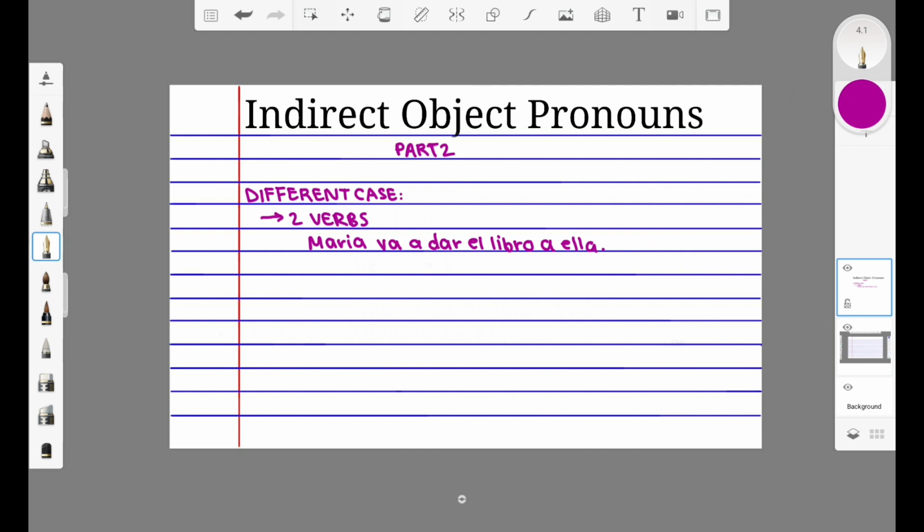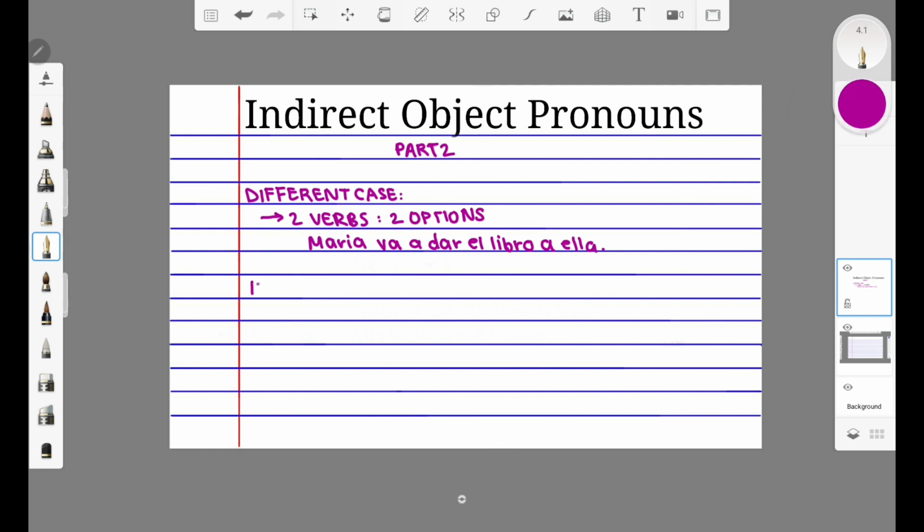So now it became Maria is going to give the book to her. Now we still have the indirect object, so we still need the indirect object pronoun. But since there's two verbs, we now have two options on how to include our IOP.